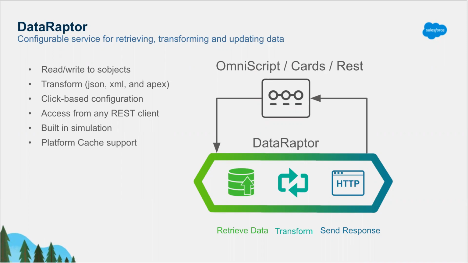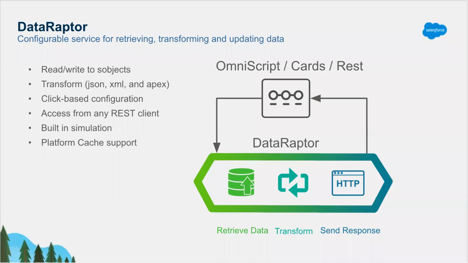DataRaptors also do transformations. It's typically JSON, but they also can do XML transformations as well. And you can change the structure of the nodes, and you can rename things, and you can do formulas that either do row level computations.